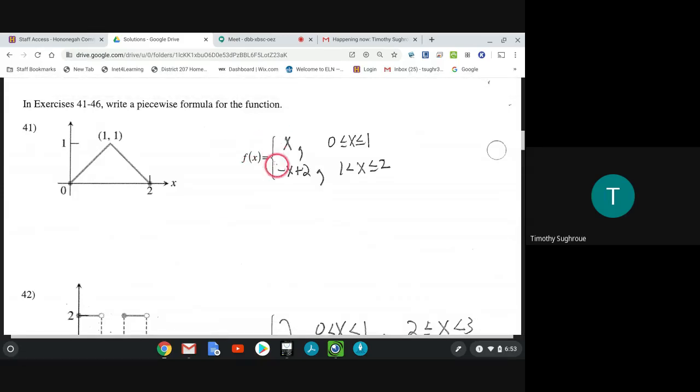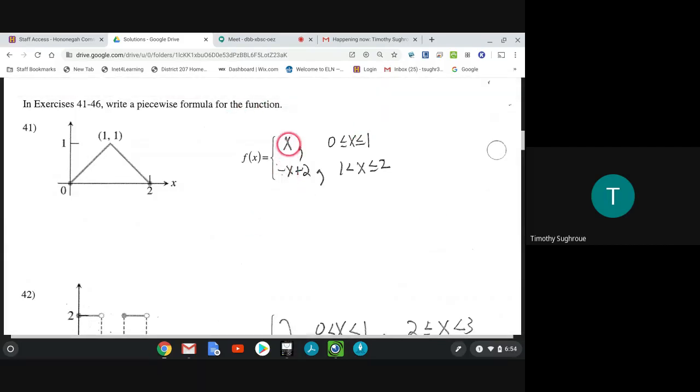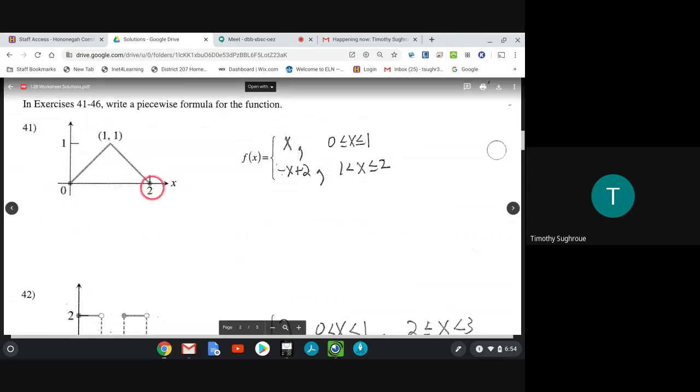But you have a one-sided brace. Don't close the brace. And your functions need to be presented top to bottom from left to right, so that the domains are always defined from left to right.